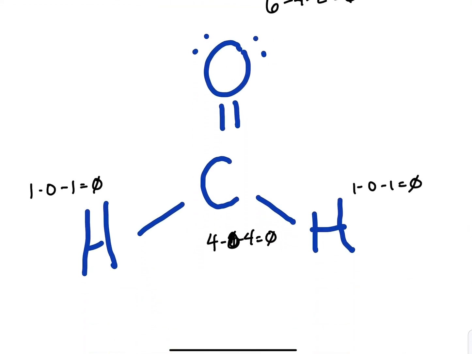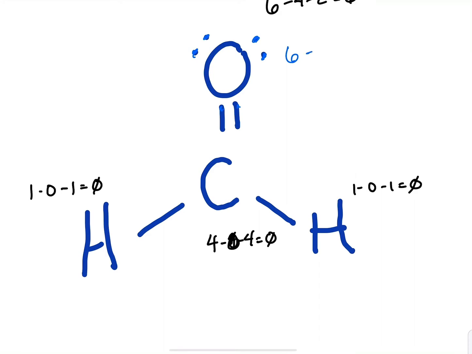Scroll on over. All right, so this oxygen on top is 6. He comes with 6, and he's got 1, 2, 3, 4, 5, 6 things attached, and it's 0. This hydrogen comes with 1. He's only got 1 thing. Hydrogens are always 0. And then the carbon is 4 minus 1, 2, 3, 4 things attached, 0.